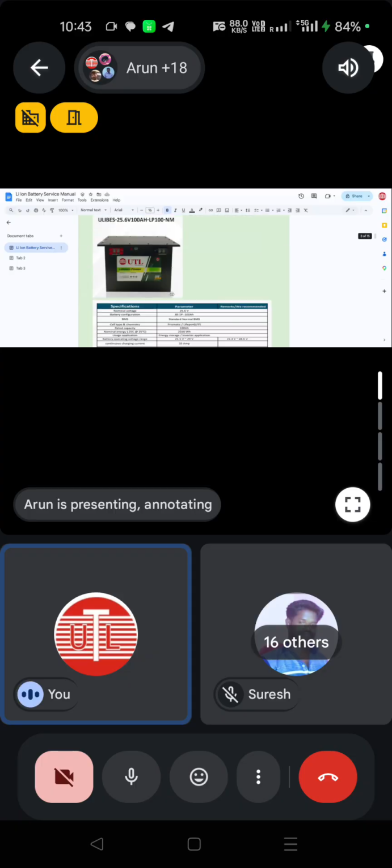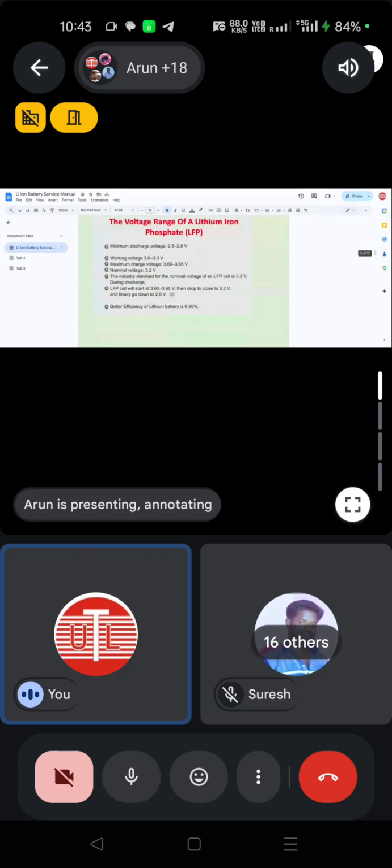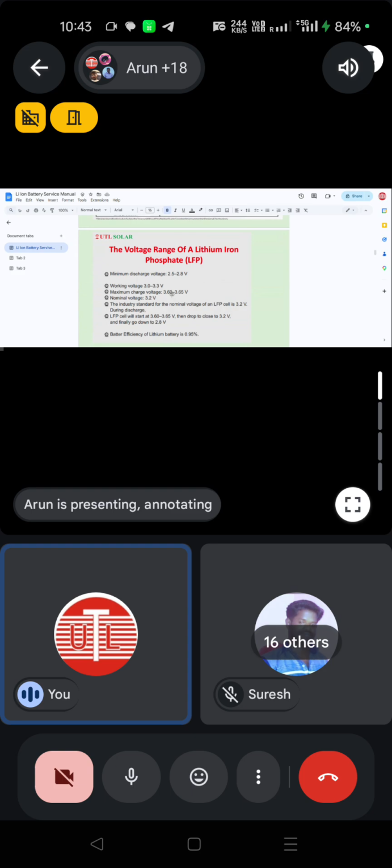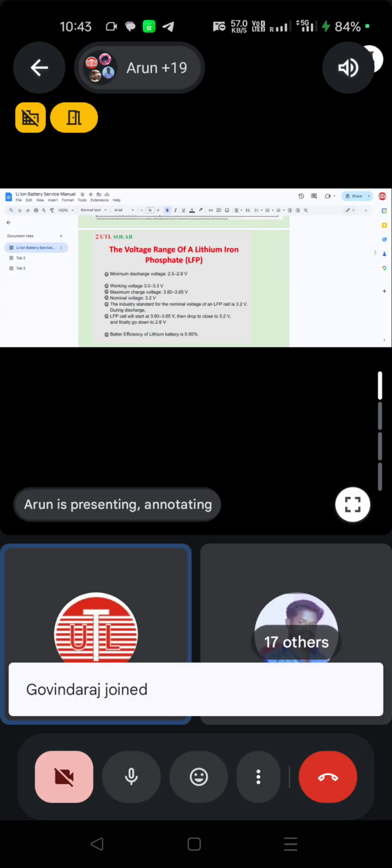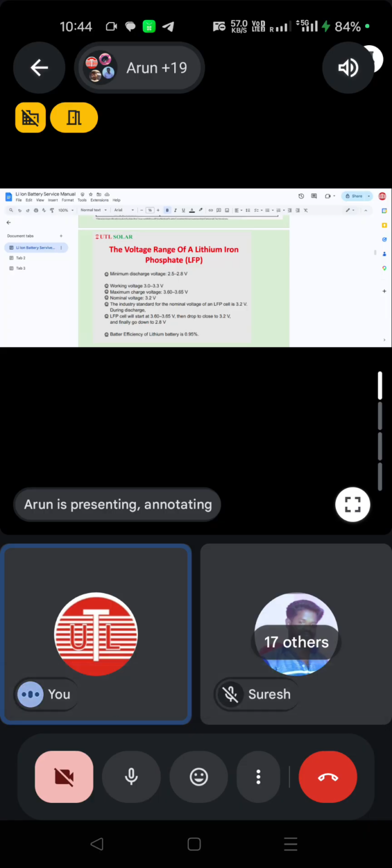The important feature I want to tell you is the voltage range of a lithium ion LFP battery. This deals with a single cell. If you know the calculation for a single cell, you can calculate any battery, because you multiply by the number of cells.